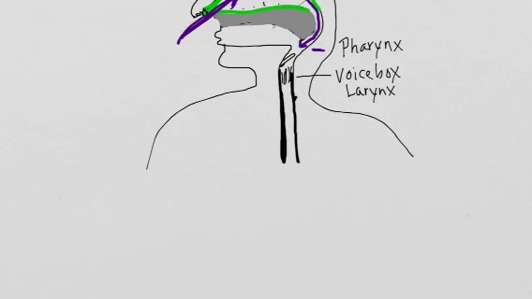Once the air passes the larynx, it's going to go into the actual chest cavity proper, because your larynx is still considered part of your throat, as is the beginning of this tube that is always open, called the trachea. Some people refer to it as the windpipe as well.